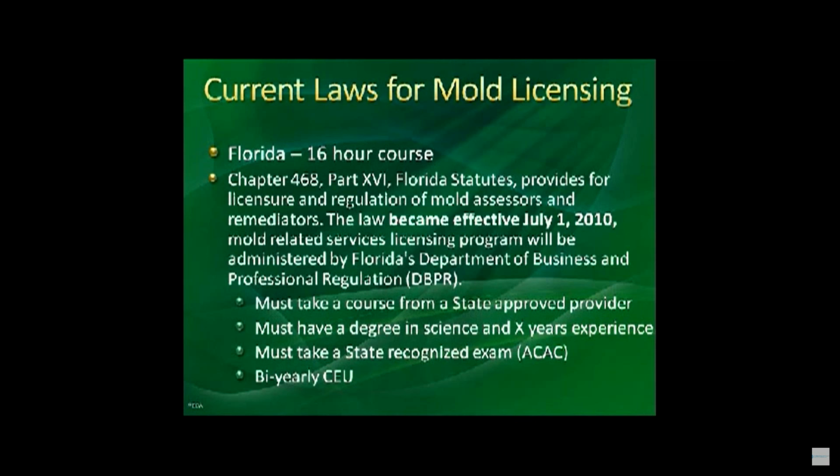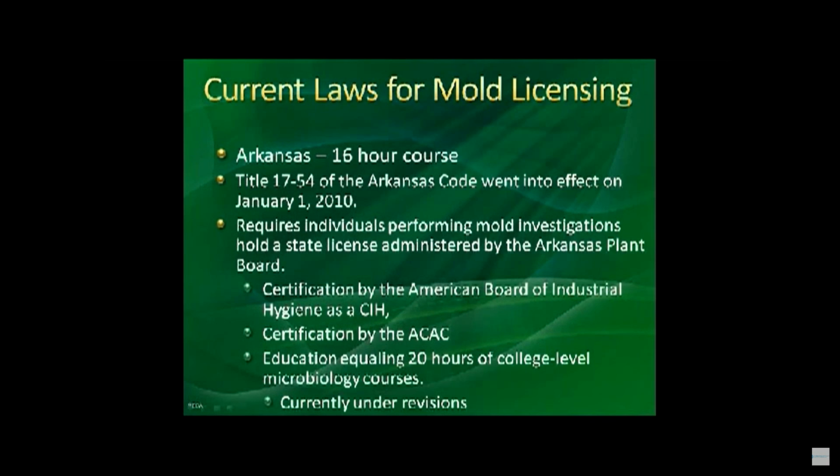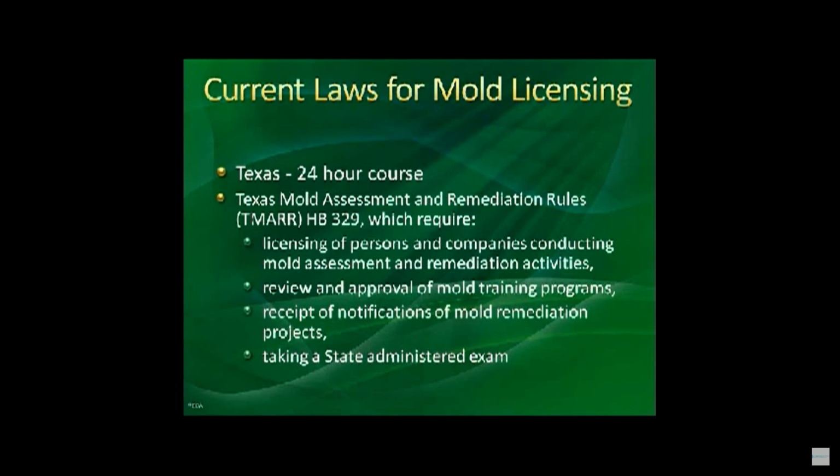Arkansas is one of the toughest that's out there. Basically, you've got to be a PhD or a certified industrial hygienist to do sampling and be certified by ACAC. Texas, they have a 24-hour course, the TMARR, and then you have to take the state-administered exam that we helped create with Dr. Quaid Stahl.